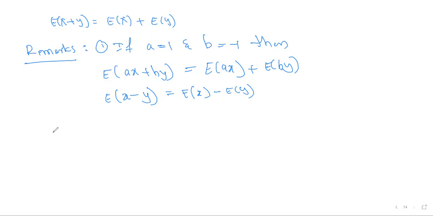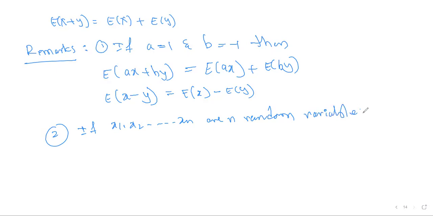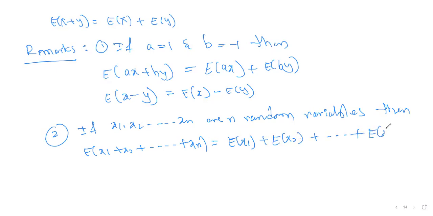Now we can extend this to n random variables. If x1, x2, and so on up to xn are n random variables, then by the addition theorem, the expected value of x1 plus x2 and so on up to plus xn is equal to the expected value of x1 plus the expected value of x2 plus, and so on, up to the expected value of xn.